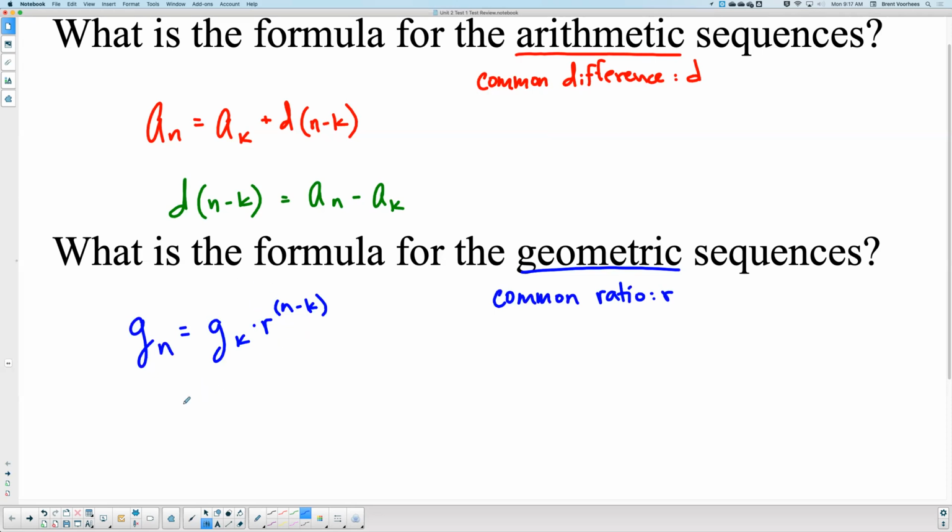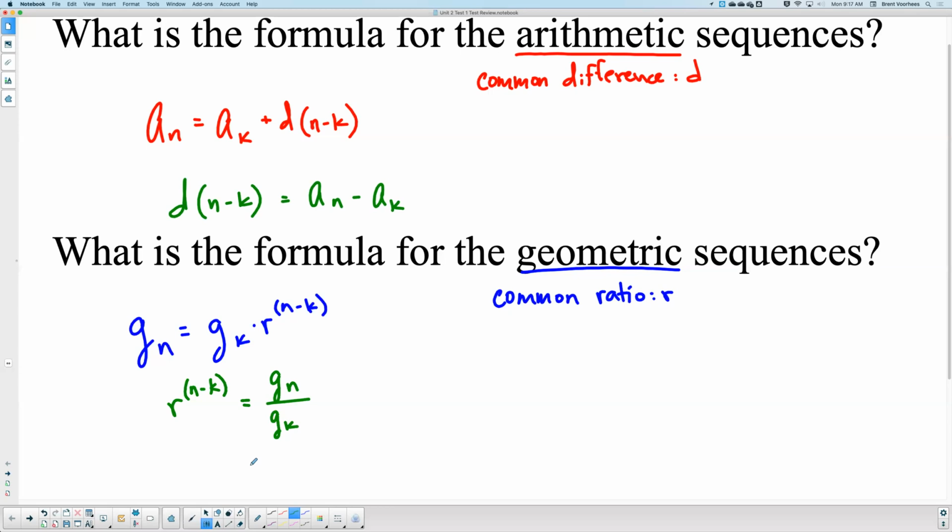So if you were solving for the common ratio: R to the power of n minus k is equal to G_n divided by G_k. It would not matter if your terms were successive or if there was a gap between them.